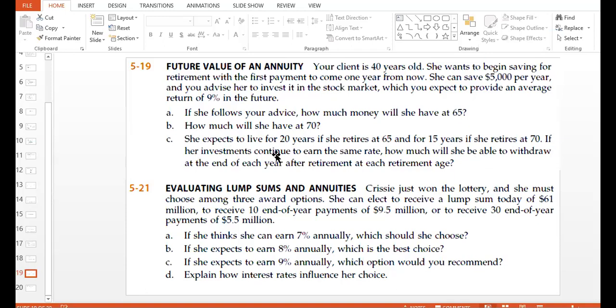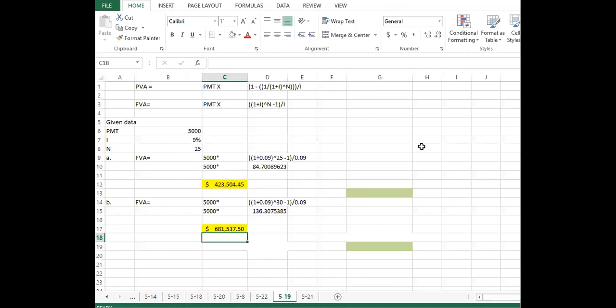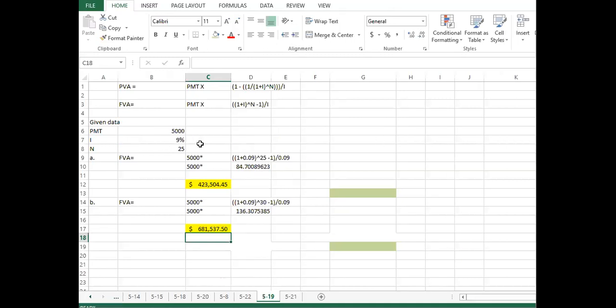If her investment continues to earn the same interest rate, that is 9%, how much will she be able to withdraw at the end of each year? At the end of each year means PMT is required after retirement at each retirement age. So, in simple words, PMT is required.